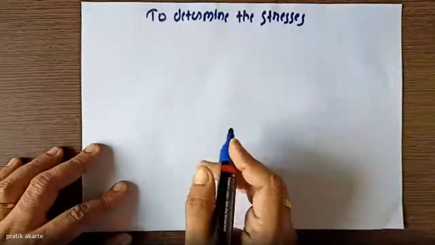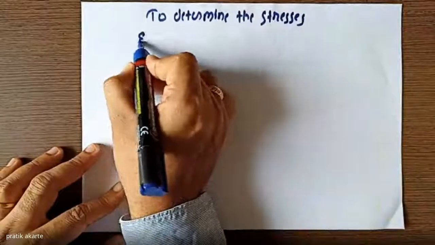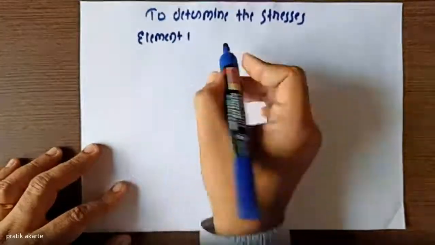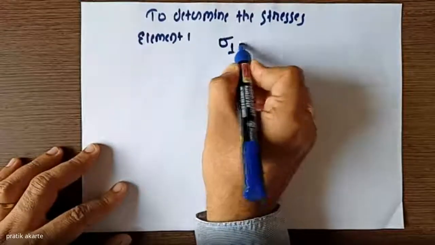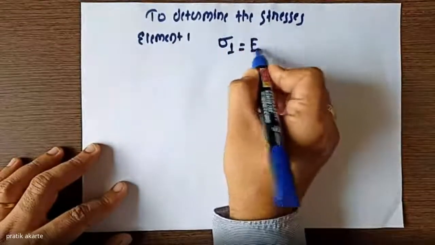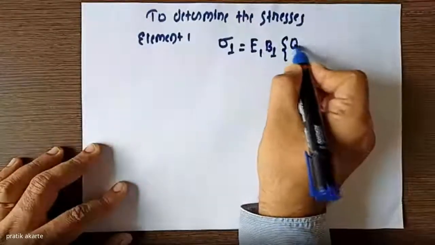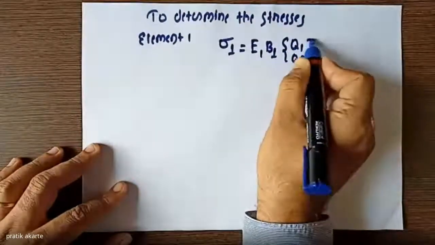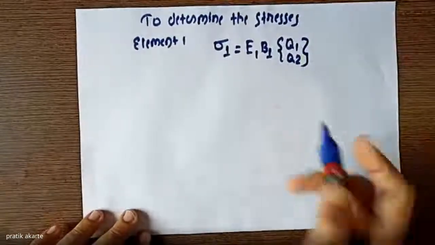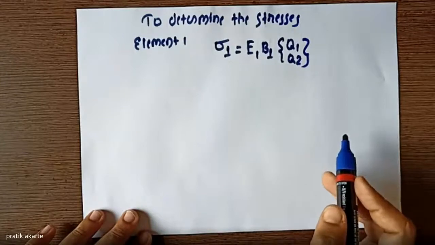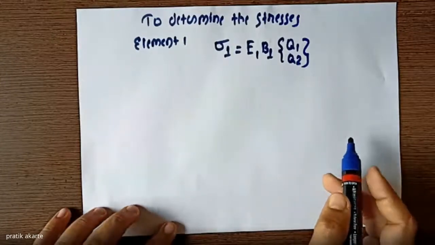Okay, so for stresses for element number 1, I can write sigma 1 as E1, B1, Q1, Q2. Now I need not explain, this B1 is 1 upon L1, in matrix form -1 and 1.